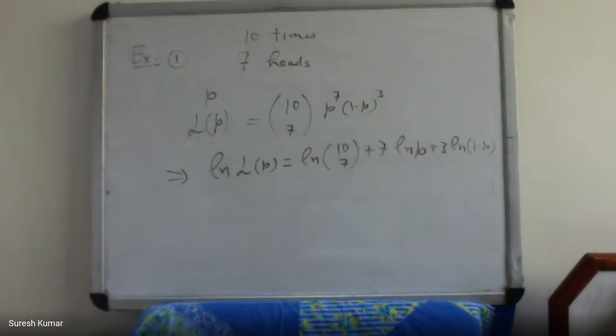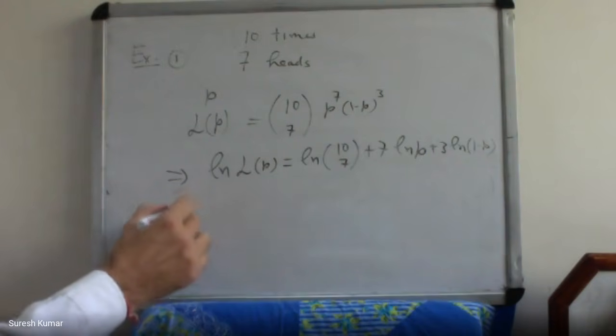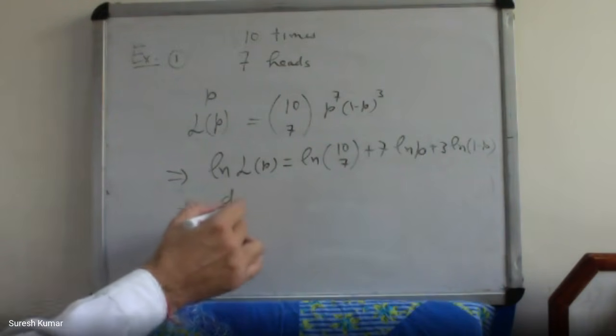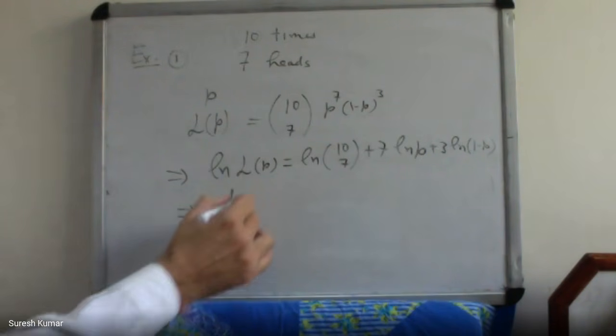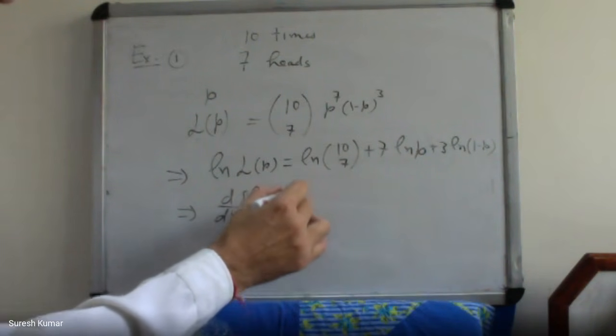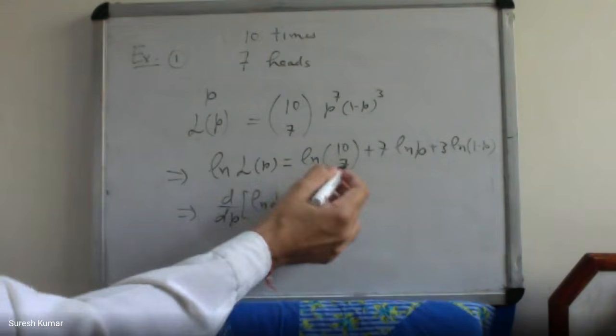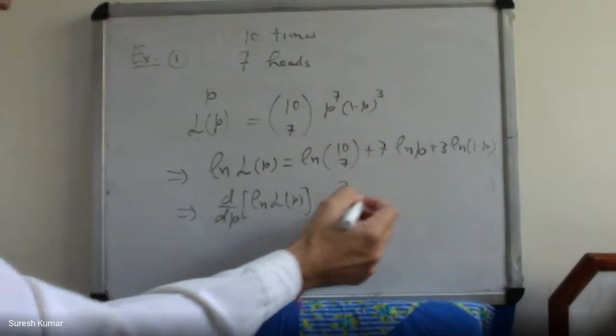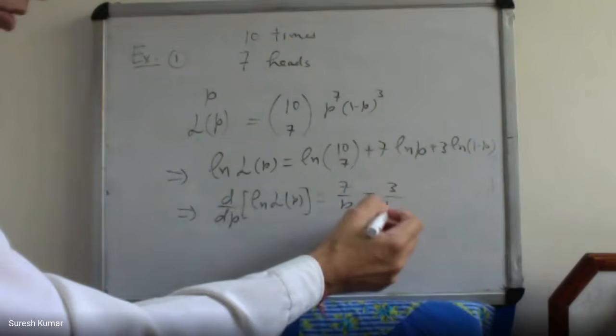Differentiate both sides with respect to p. The right hand side is 0, 7 over p minus 3 over (1 minus p).